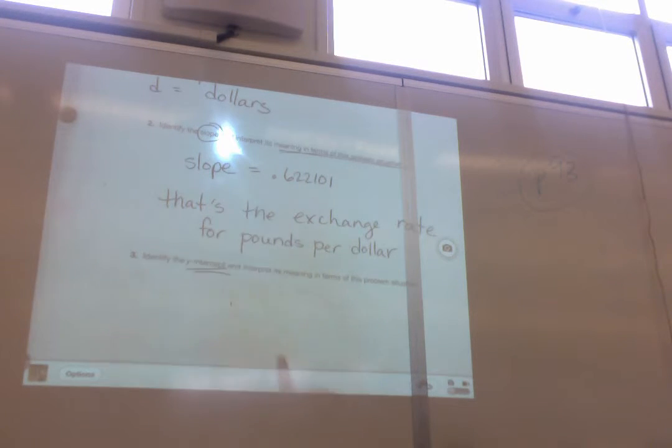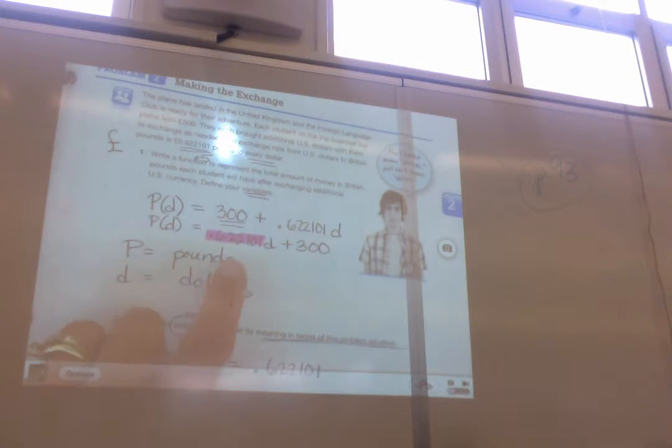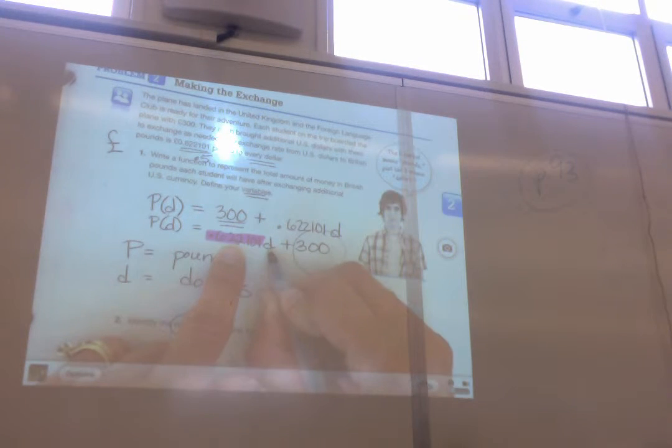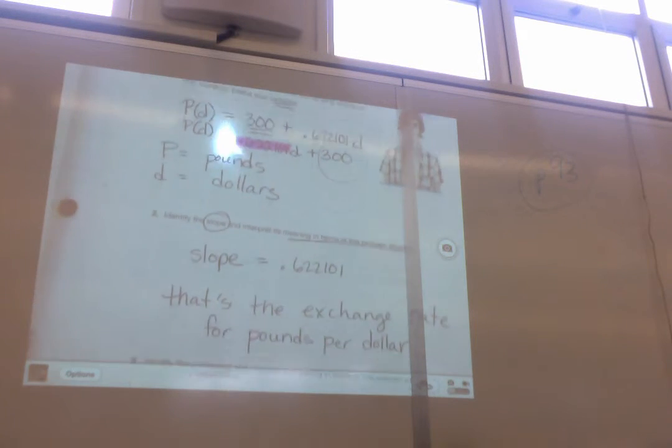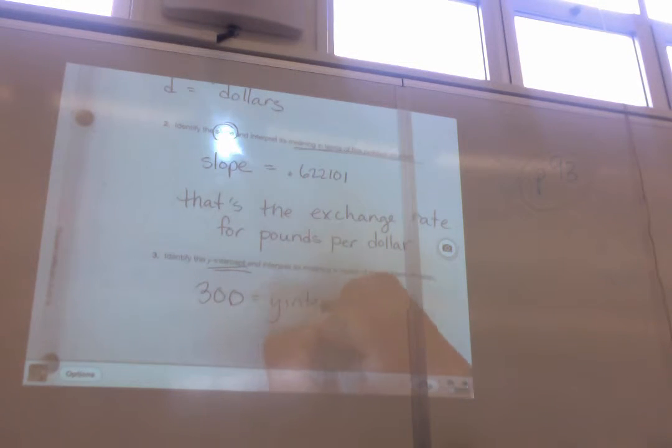Identify the y-intercept. So now we go back to that function up there. We figured out where the slope is. What's the y-intercept? Now, that's the number added to the variable term. The y-intercept is 300. What's that 300 in the problem? That's where it's going to intercept on the graph, but in the problem, what does the 300 mean?